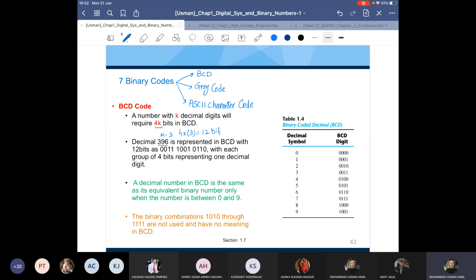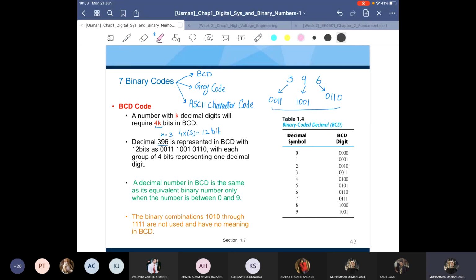Now we have the number 3, 9, and 6. 6 in binary is 0110, and 9 is 1001, and 3 is 0011.